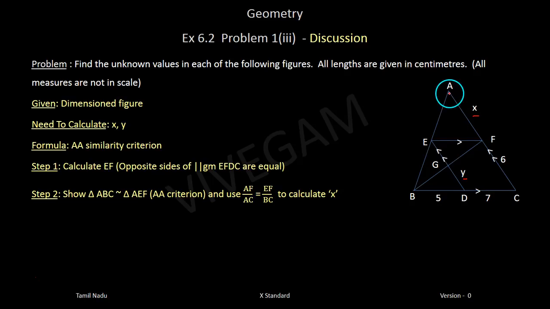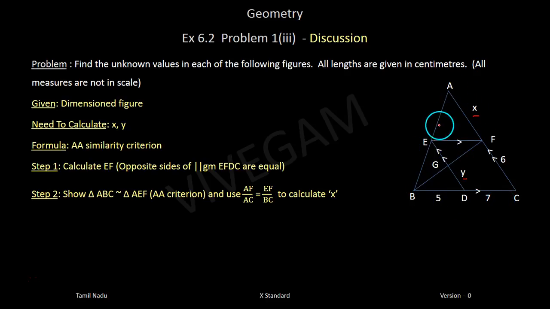Then you show that triangle ABC is similar to triangle AEF. How? Angle A is common, and this line is parallel to this line, so this angle equals this angle, that is angle AEF equals angle ABC.